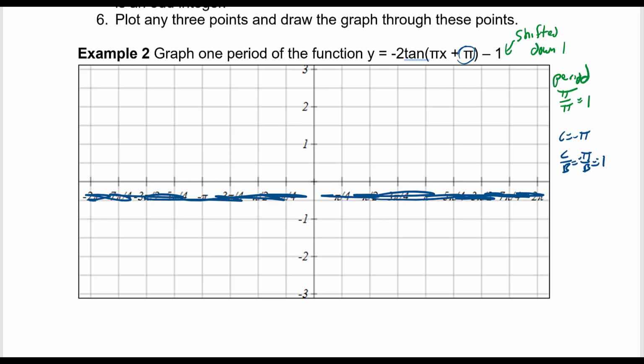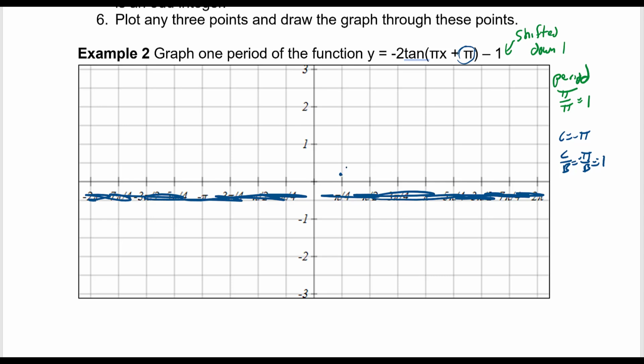So our period, we said, was 1. I'm going to scale this as, let me think about this. I don't get enough detail into this. Decisions to make.